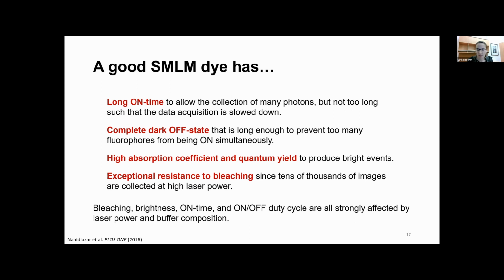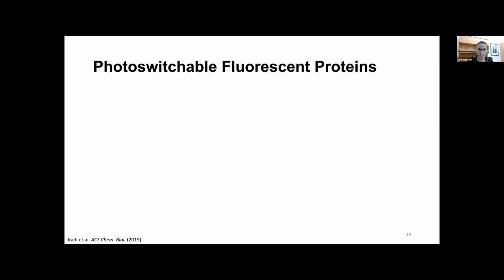But one thing also has to be said: since these properties depend on the laser power and on the buffer in which the fluorophore is embedded, it usually takes quite some fine-tuning and optimization in order to get the conditions right to do a single molecule localization microscopy experiment.